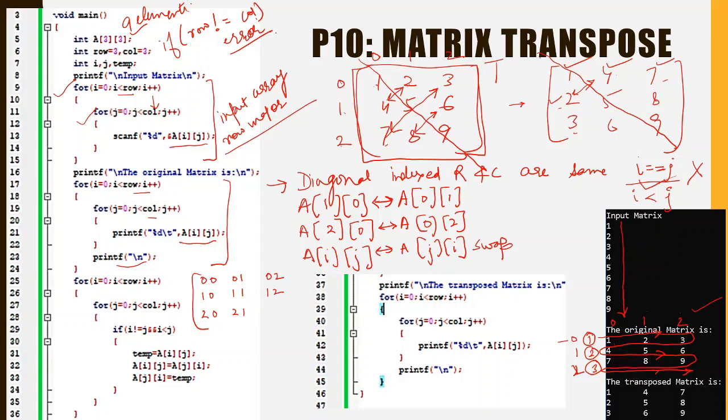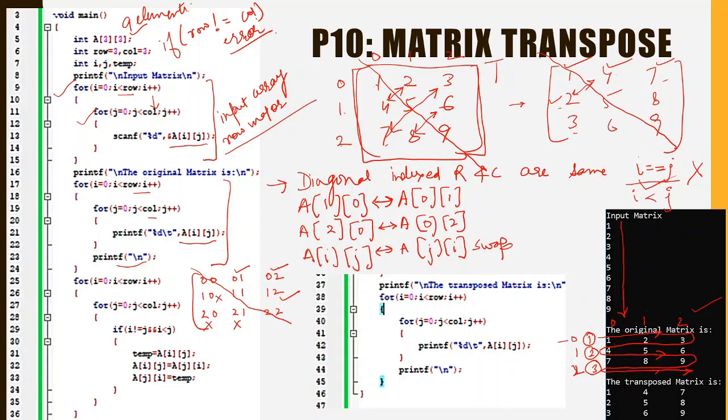This is 12, and this is 22. So for i equals j, these will not be interchanged, and for i less than j, we will only do the interchange for this and for this. This will not do an interchange, this will not, and this will not.